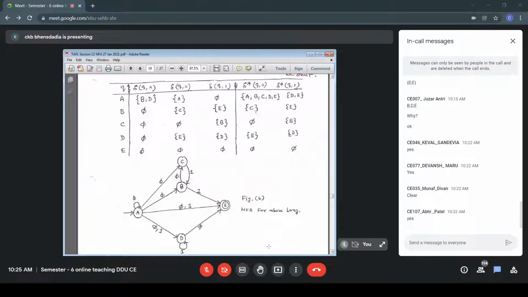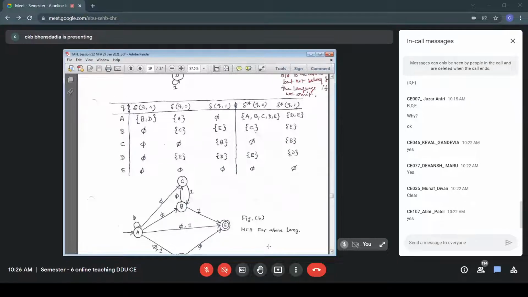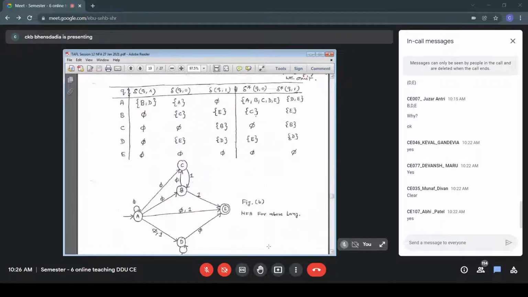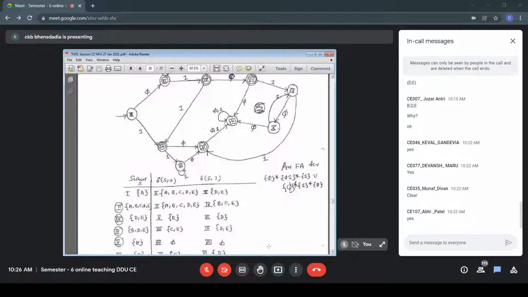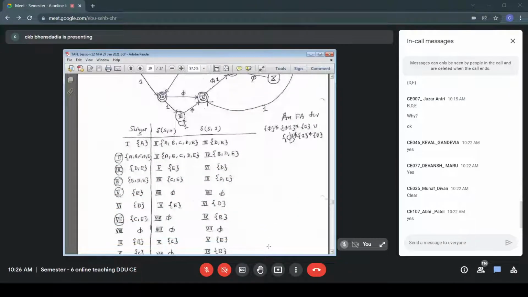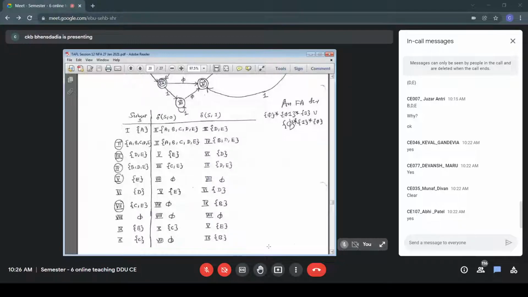Accepting state was E. Only accepting state is E. So look at the combination in which E is present. The E is present in 2, 3, it is present in 4, it is present in 5, it is present in 7.